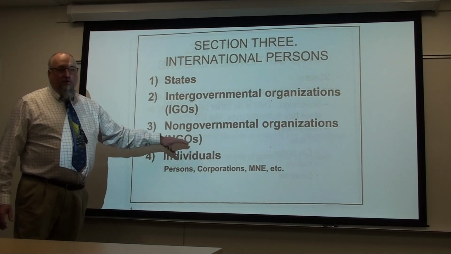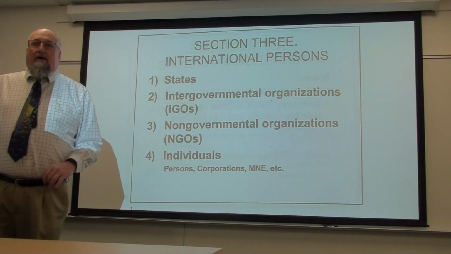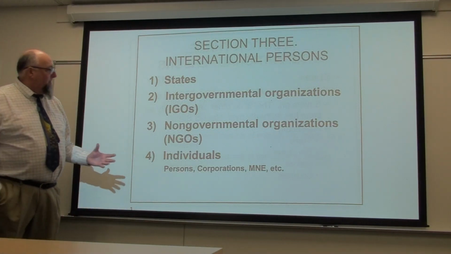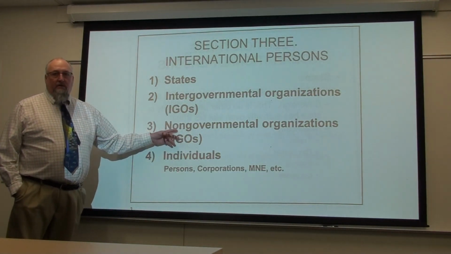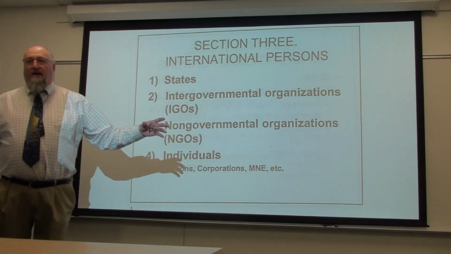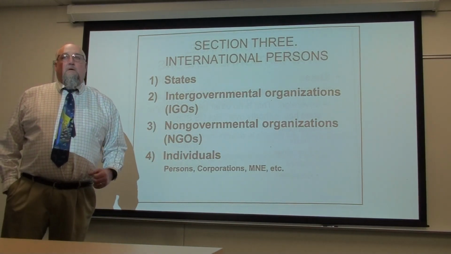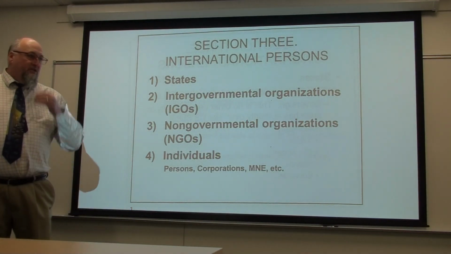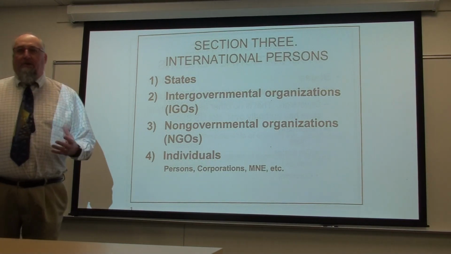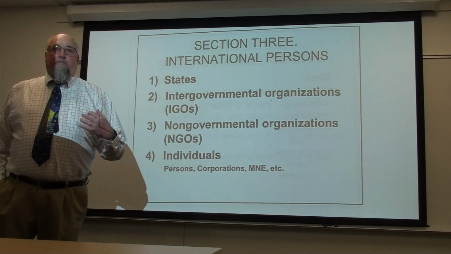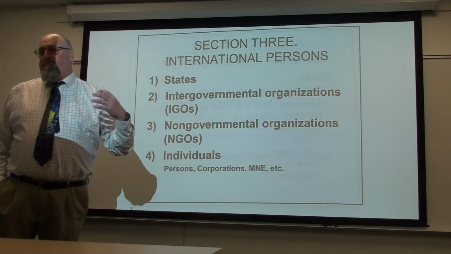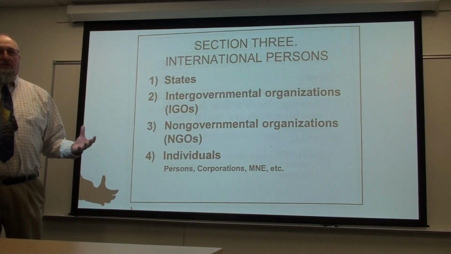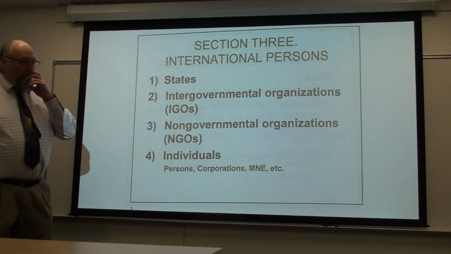Next we have NGOs, which have various different definitions, but typically when we talk about an NGO, we're referring to a non-governmental organization that engages in international activity, and typically this is going to be a non-profit of some type or a charitable type organization. A classic example would be like the Red Cross, Doctors Without Borders, World Wildlife Fund, other types of international organizations that engage in international activity.